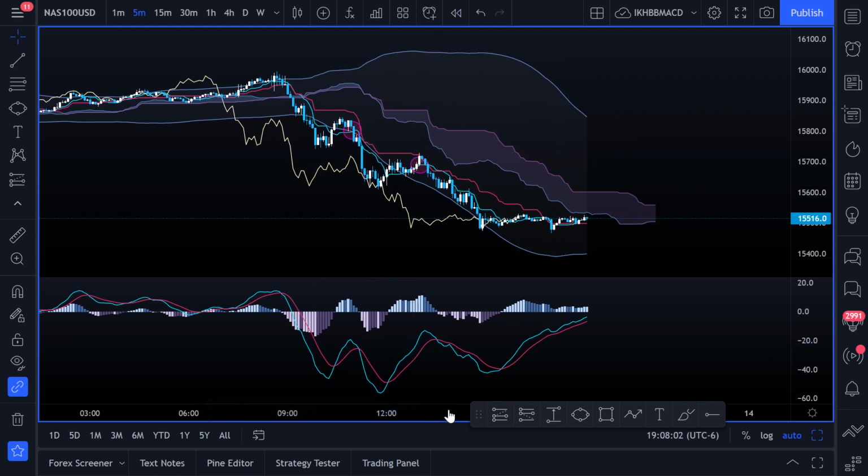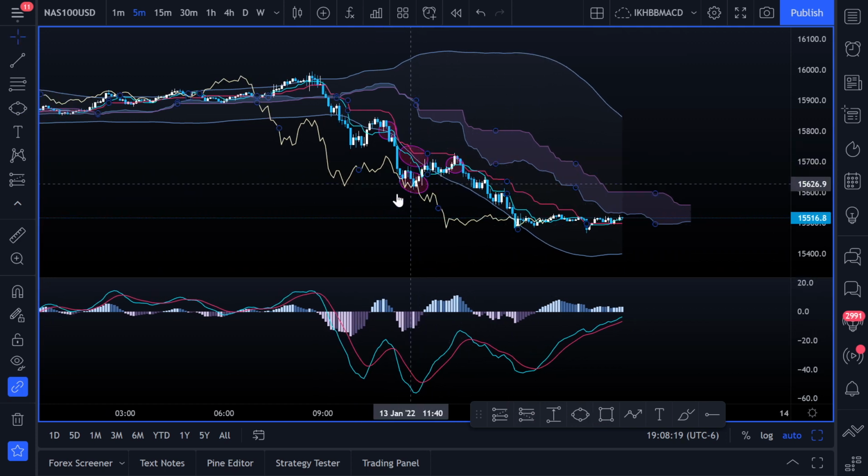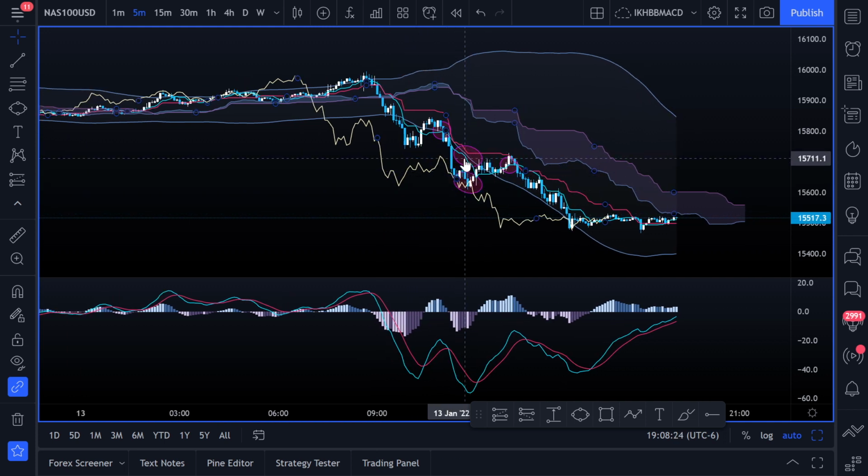Right now, I think that this small bearish momentum is over. Why? Because you can see that we have this low, and then we have this lower low on the price.